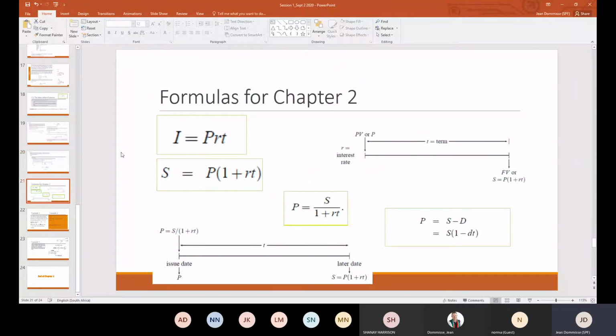Then for each chapter, in the end, I will have something like this for you that will give you the important formulas for that chapter. And if there is other context that I need to add here, I will do that as well.